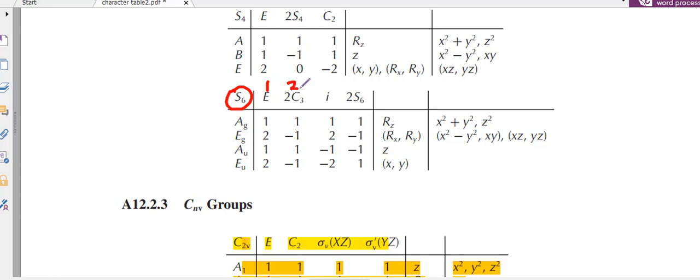Number of operations in 2C3 is 2, that is the gP for this class. Number of operations in I is 1. The number of operations in S6 is 2, that is gP. And summation gP is the sum of these terms, and it is 6, and that is the value of h.